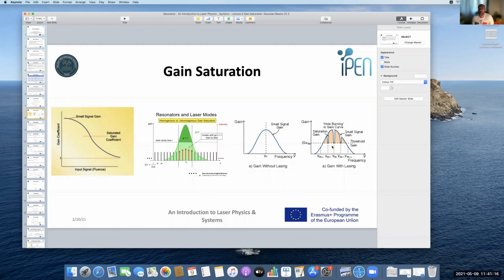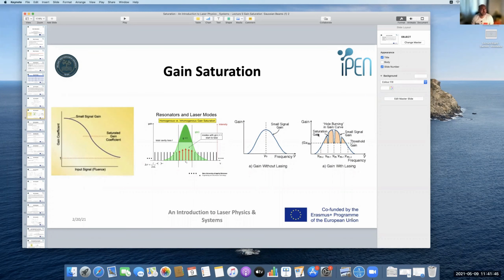So only this group of atoms interacts with our oscillating laser field. That's why the rest of the atoms don't interact. They have a different central frequency that does not interact with our oscillating field. In the previous case, where is it? It's here.